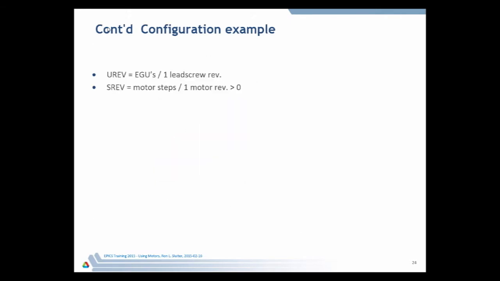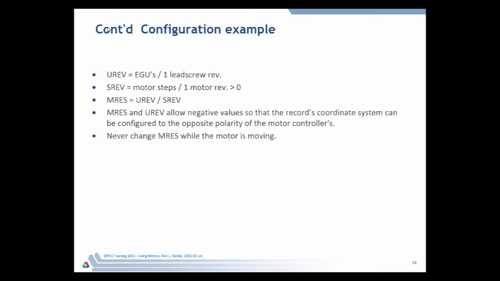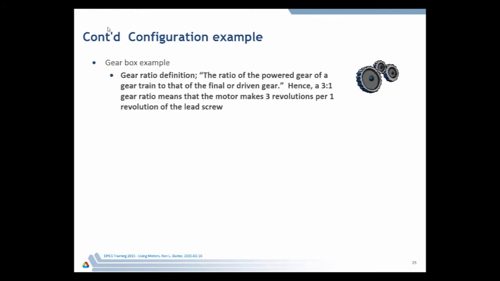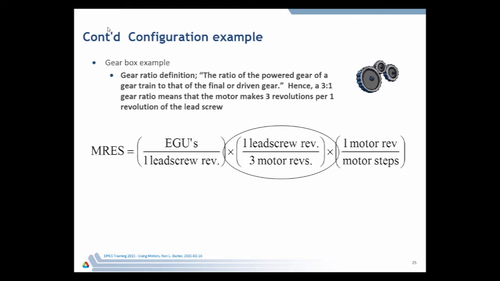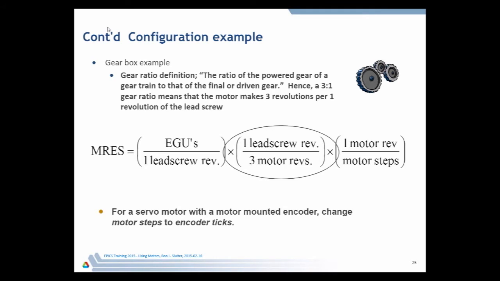If it's a bit more complicated, let me go to the more complicated. There's other ways of setting the MRES. There are other units, which I'm going to skip for now. Actually, I'm going to skip right to this. If you have a gearbox, then you just have to add that gear ratio into this simple algebraic equation.